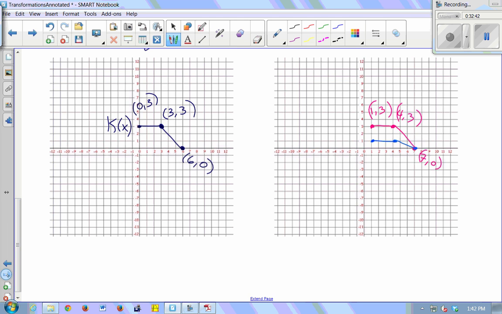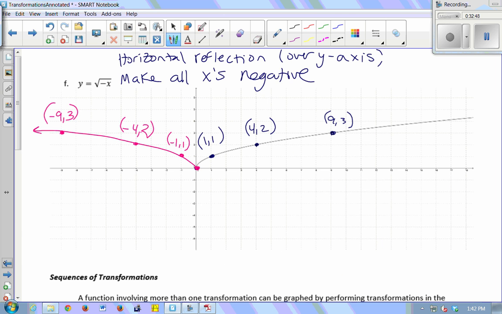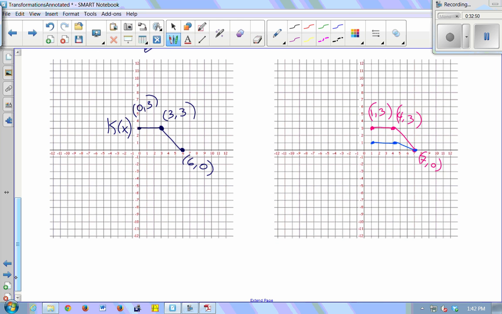Next thing I want to do is reflect over the x-axis. Make all my y's opposites, reflected over the x-axis. I'll do that one in green. Maybe I should put the points in here. This is (1, 1). That's (4, 1). That's still (7, 0). Okay, so now reflect over the x-axis.